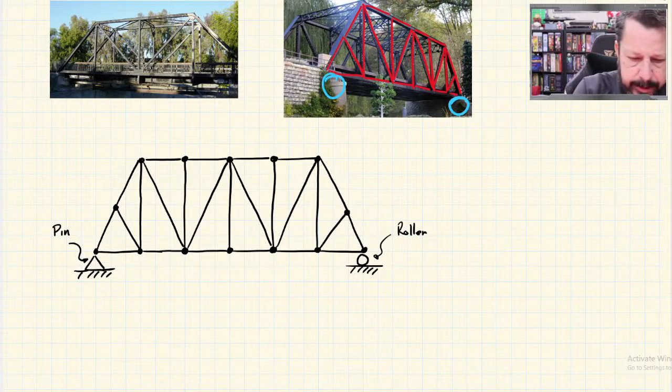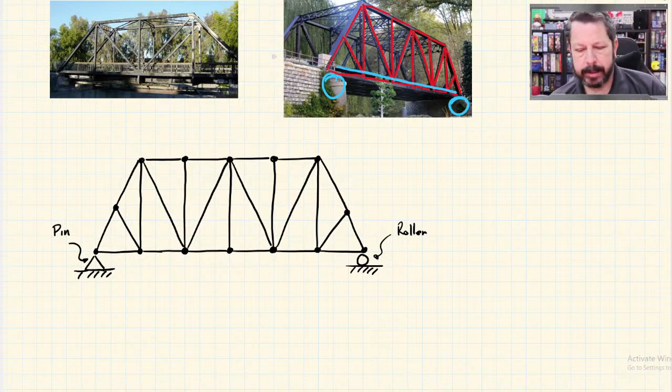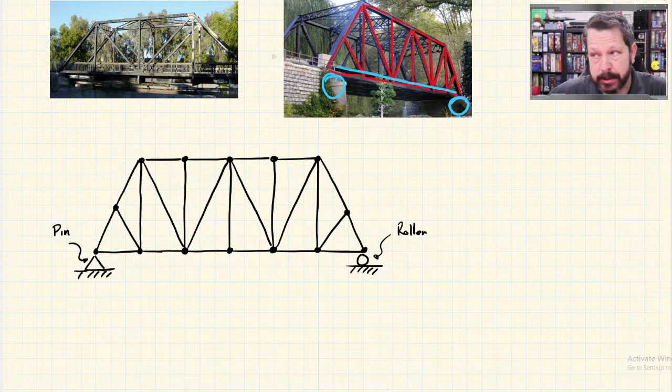You can see that there is a roadbed in there, and that roadbed is continuous, or maybe it has expansion joints in it, but it's not really part of the truss, but the truss is holding up this roadbed, and it's supported. We're going to show that the roadbed is supported on these lower joints.